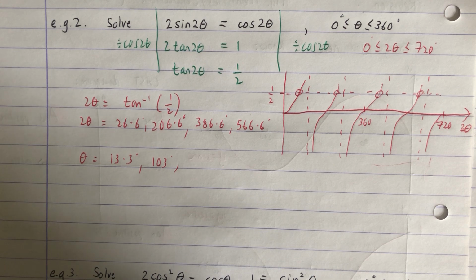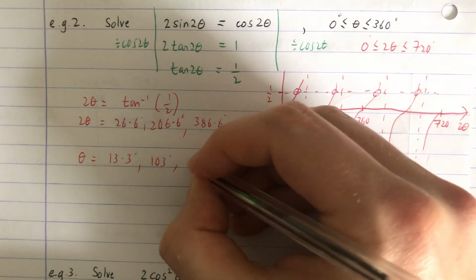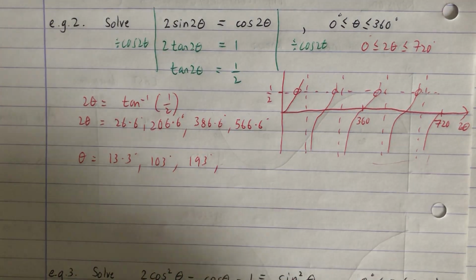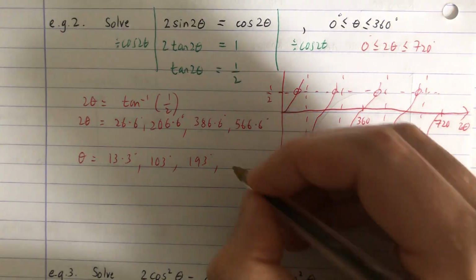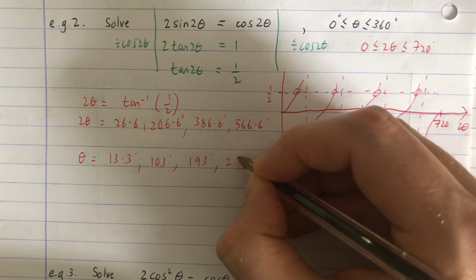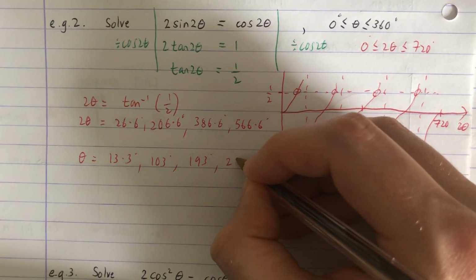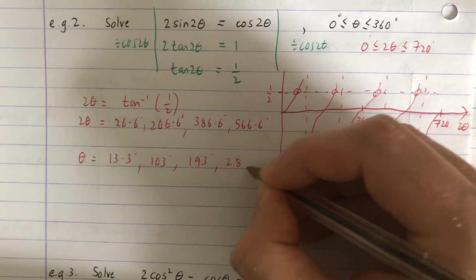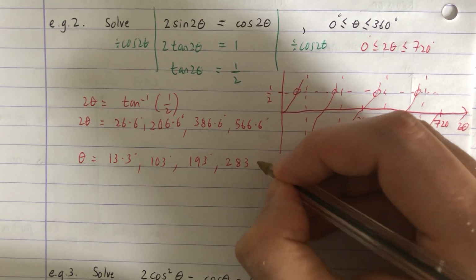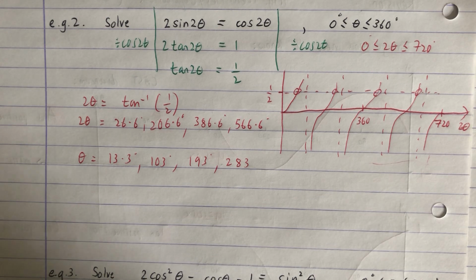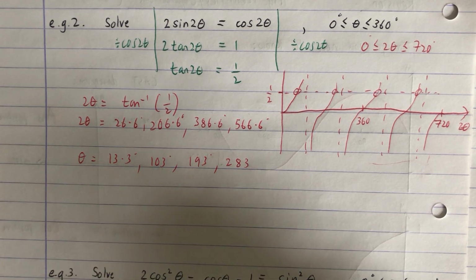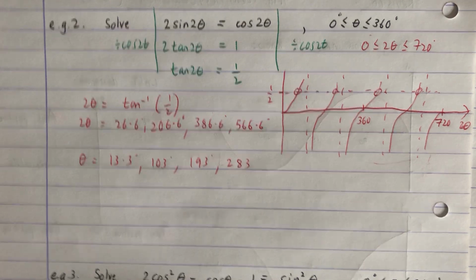That would be 190, so 193. And this one would be 283 degrees to 3SF for those. And you can always check your answers by substituting them back into the original equation, and they should be right.